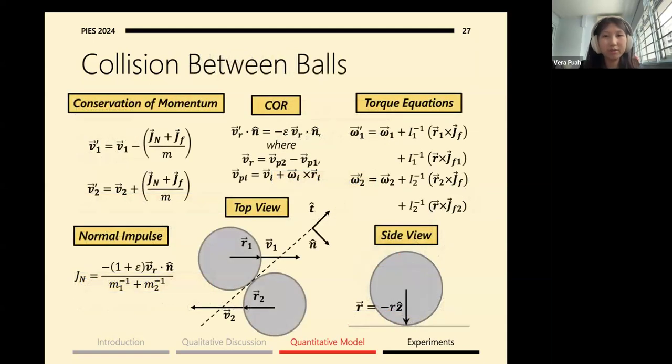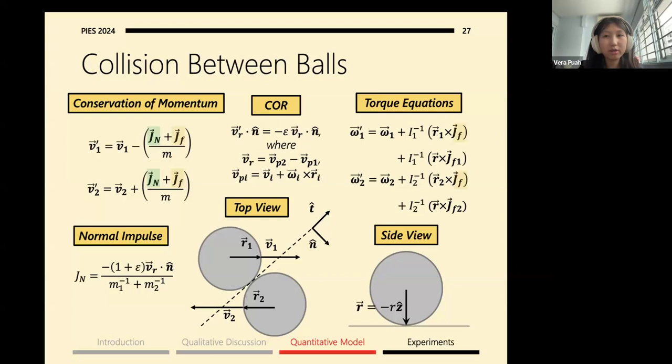Now, for the collisions between balls, the equations used are similar, but now it's just two balls interacting. Previously the wall was fixed, but now we have to account for both velocities, and this is done by writing the two conservation of momentum equations over here, where you have the normal force and the frictional force.